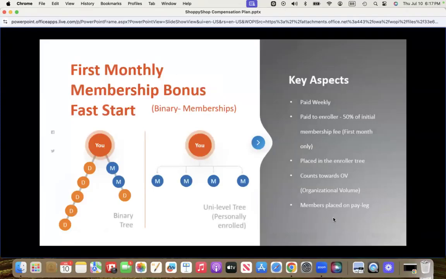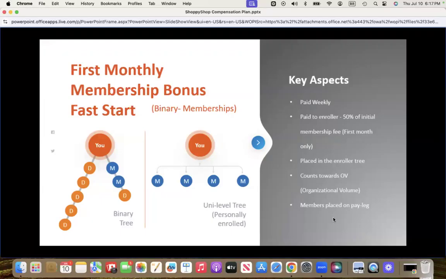Okay, now we talked about the $50 on the enrollment fee, and we talked about the $9.95 for the first month, $59.95. So we pay, as I just mentioned, 25 of the $50, but on the $9.95, we pay $5.